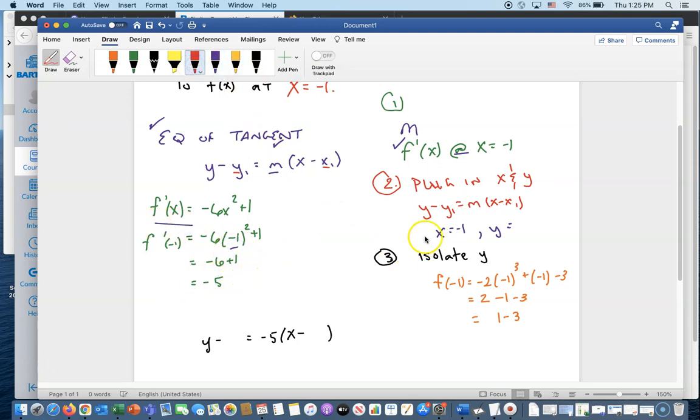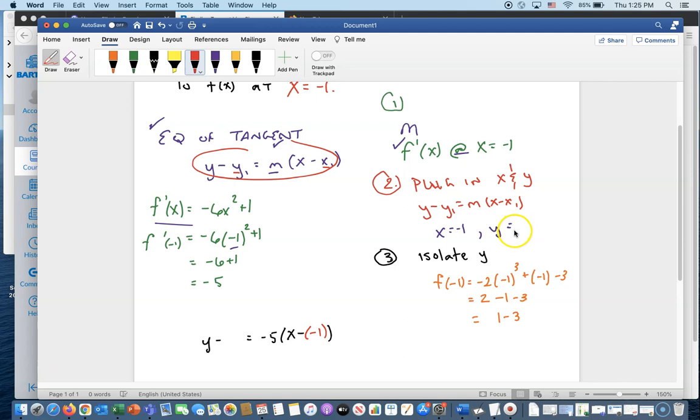The next part of our problem is to take the x and y value and plug those into this equation that we've got right here. Now we know our x value is -1. Notice that I put that into the equation using parentheses. That's just something I encourage my students to do, is when you're plugging a negative value into an equation, use the parentheses. It'll help you keep up with your negative signs.